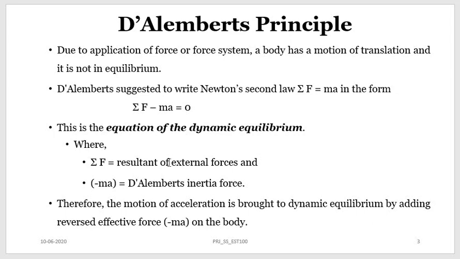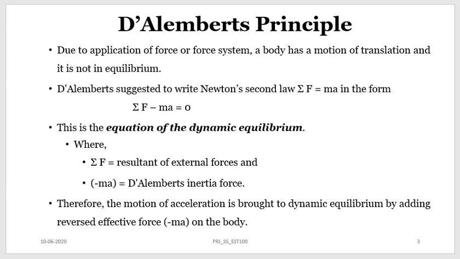That inertia force is sometimes called D'Alembert's inertia force. The purpose of that inertia force is to keep the body in the equilibrium position. The negative sign indicates that the inertia force is applied in the opposite direction of the resultant force, the applied force or the external force.